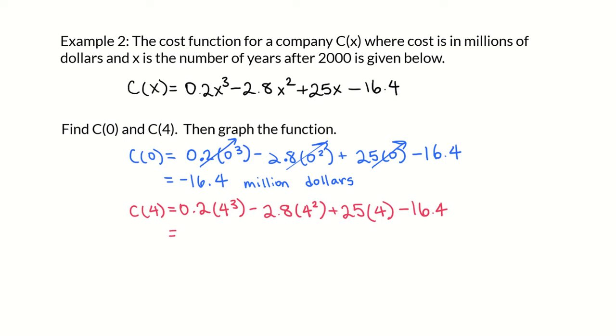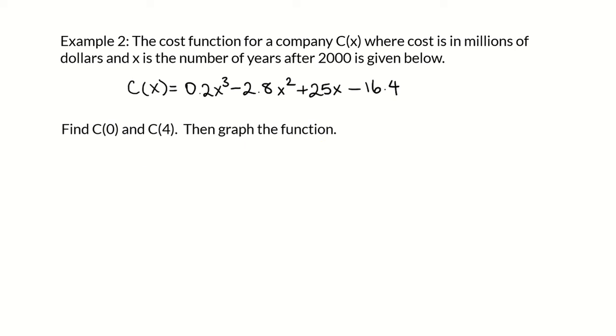The result here is 51.6. And again, the units are millions of dollars. So this means after 4 years, or in the year 2004, the cost is $51.6 million for this company.